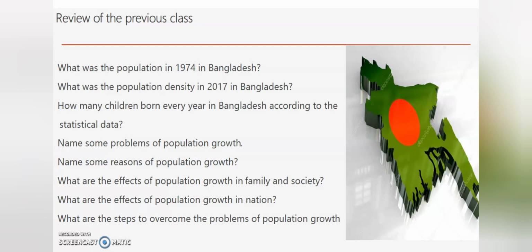Now, can you tell me what are the steps to overcome the problems of population growth? Yes, you got the correct answer. To overcome the problems of population growth, we need proper implementation of laws against child marriage.